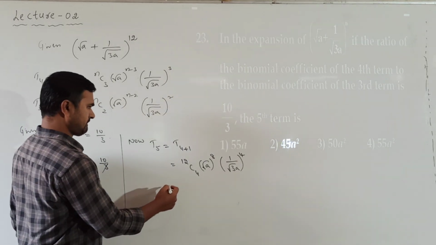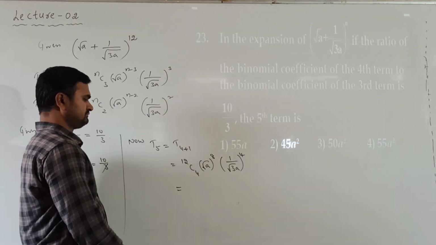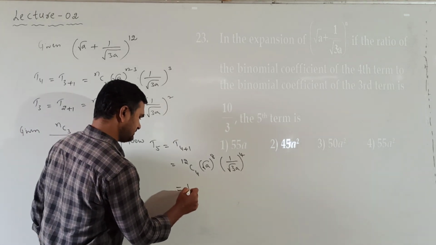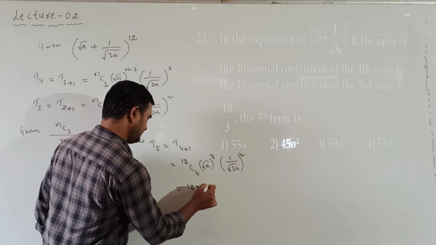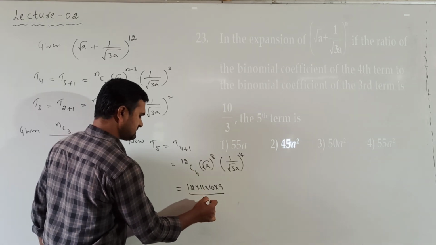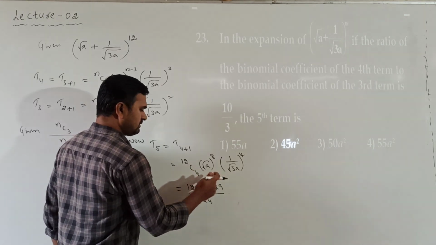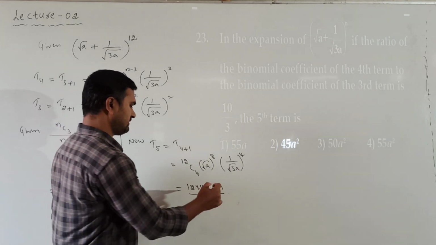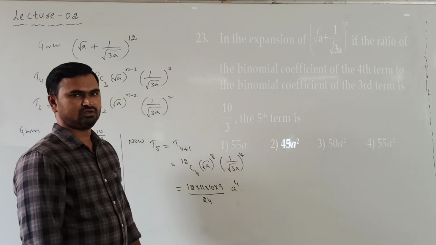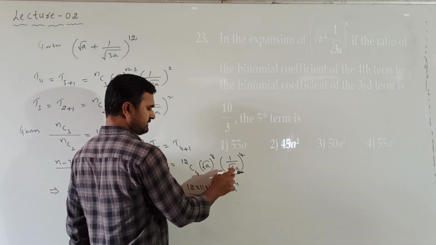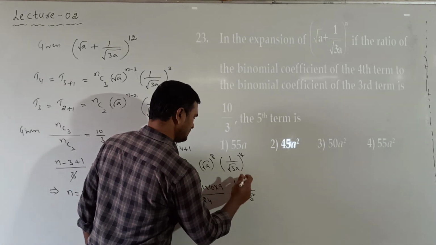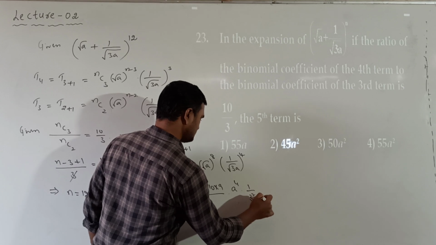Simplify this. What is 12C4? It is 12 × 11 × 10 × 9 divided by 4 factorial. 4 factorial is 24. (√a)^8 is a^4. (√3)^4 means 3 squared, and (√a)^4 means a squared.